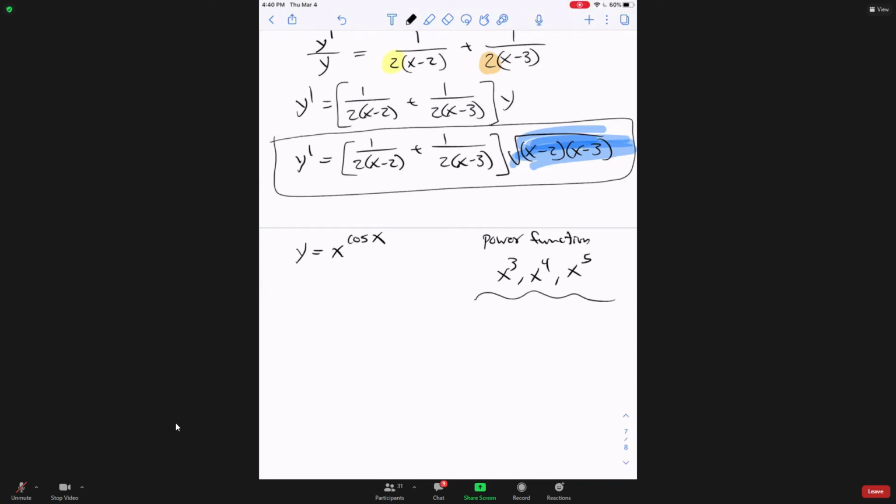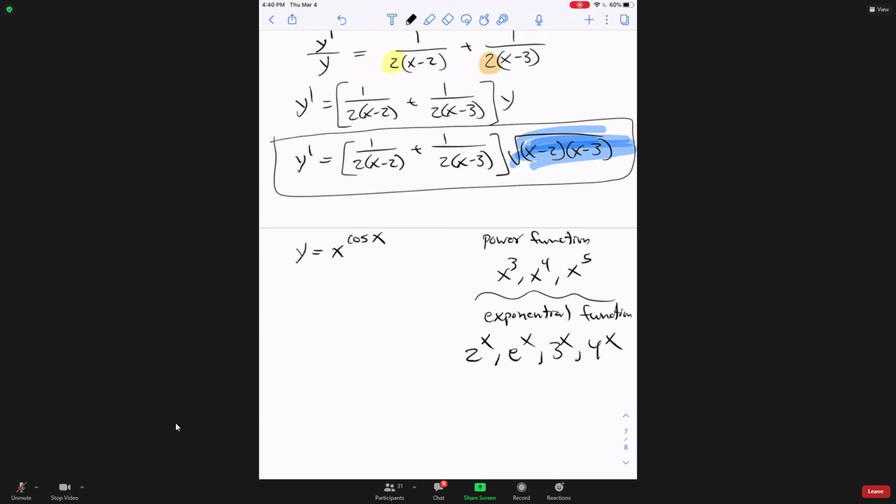Well, what's an exponential function? An exponential function would be when the number is on the bottom, like 2 to the x, e to the x, 3 to the x, 4 to the x, and the variable is upstairs. Do you have a number on the bottom here? No. So x to the cosine of x is neither an exponential nor a power function. So you cannot use the power rule or the exponential rule.